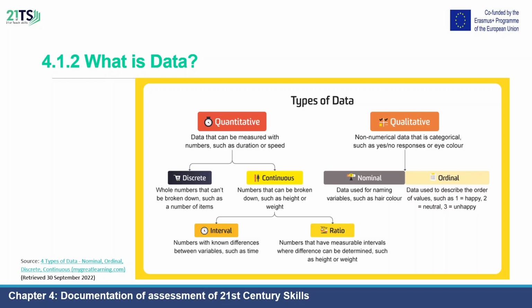Discrete data refers to whole numbers that cannot be broken down, such as the number of items. And continuous data refers to numbers that can be broken down, such as height or weight.